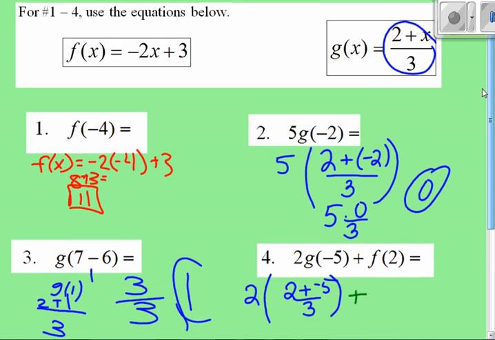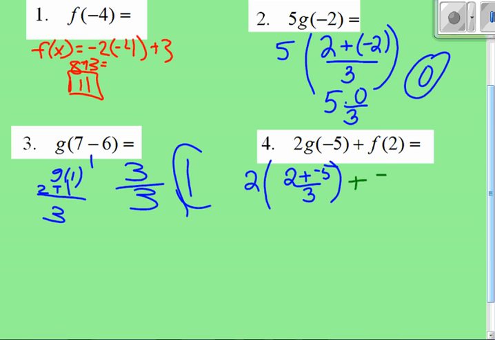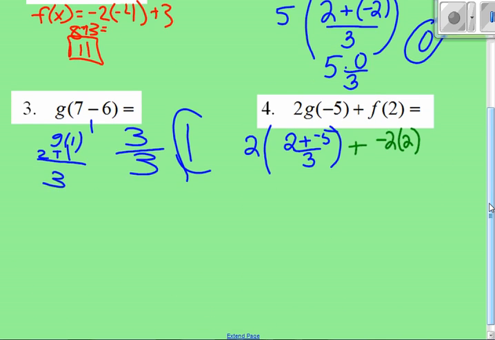F of 2 is, I'm going to put 2 right in here for x. So it's negative 2 times 2. I'm going to follow Emily's lead and use parentheses, plus 3. I'm going to take that answer. Oops, I made a mistake. It's 2 times that. Okay. What's 2 plus a negative 5, Zach?